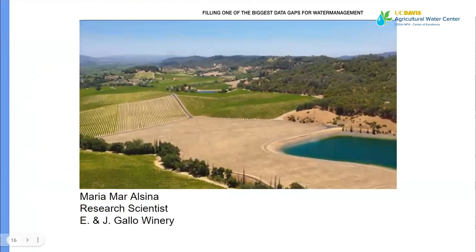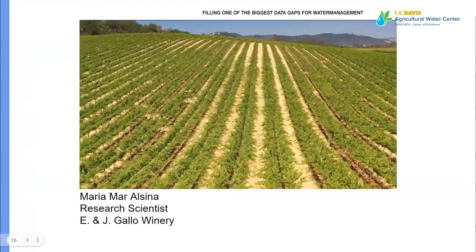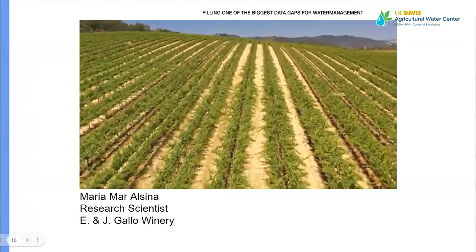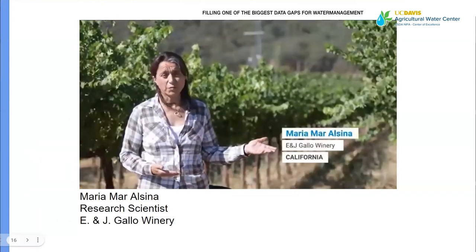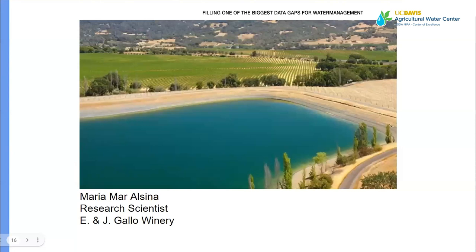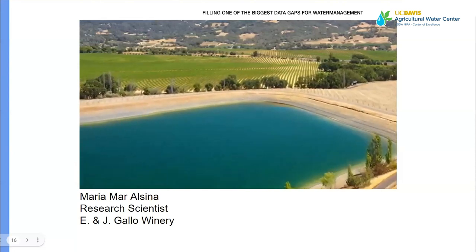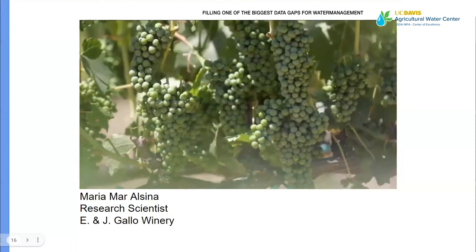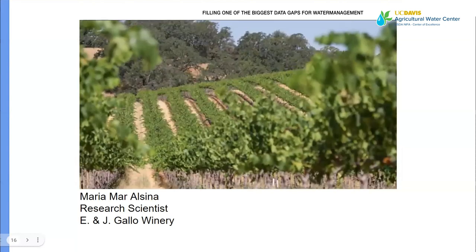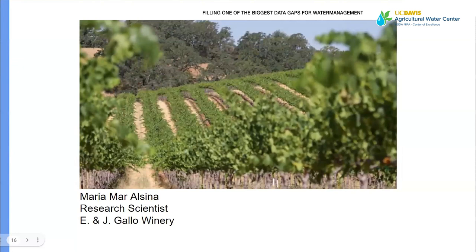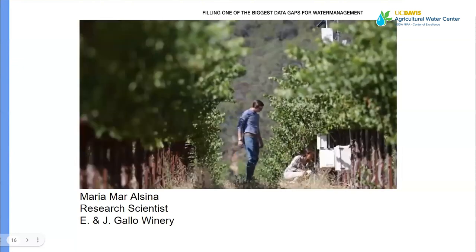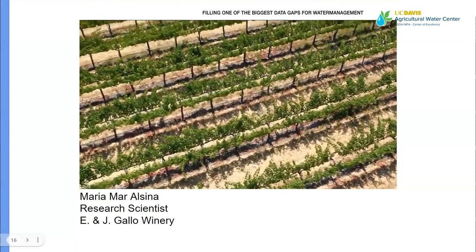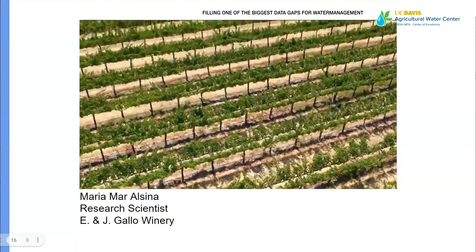One of the Gallo vineyards in Sonoma Valley. This is about 300 acres of wine grape. This year, we found already 3 episodes of heat spikes with the reservoirs emptier than they were before because of the drought. So we have a certain amount of water to go through the system. That is where adjusting irrigation as much as possible to the water needs and not wasting a single drop is going to help us.